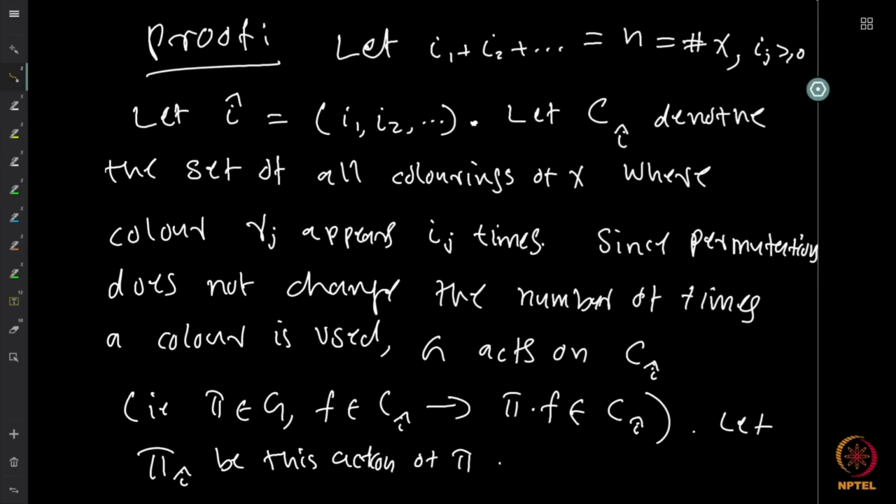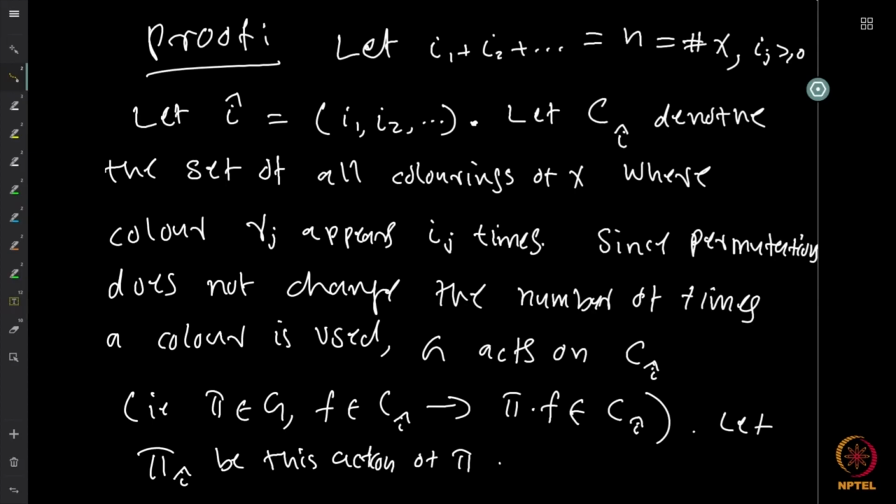So therefore we can see that the group G, whatever subgroup of the symmetric group we are taking, acts on the restricted colorings C i cap.